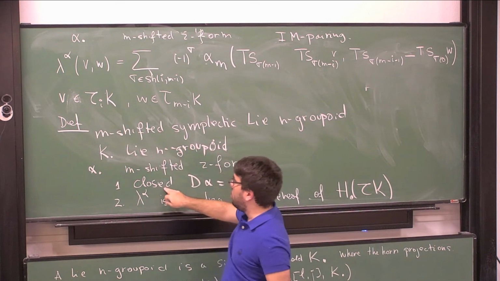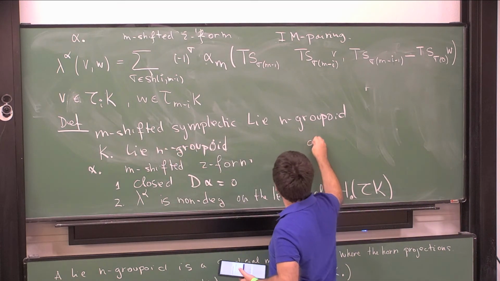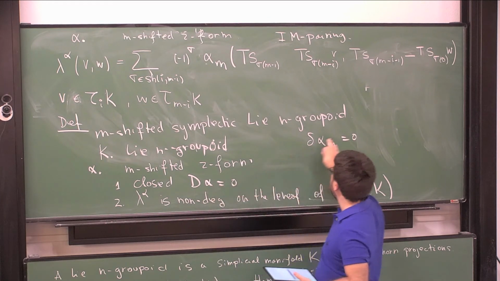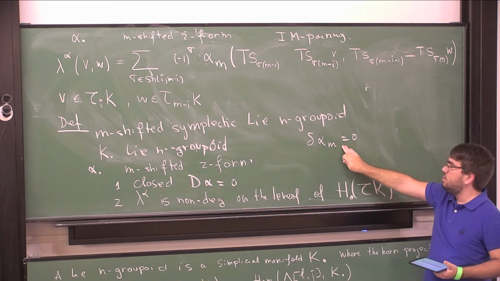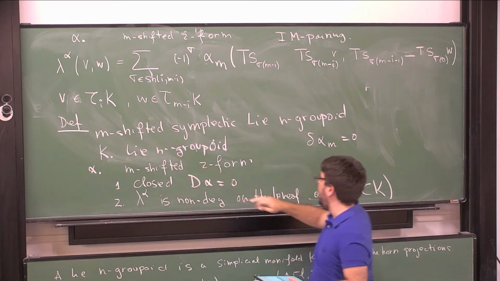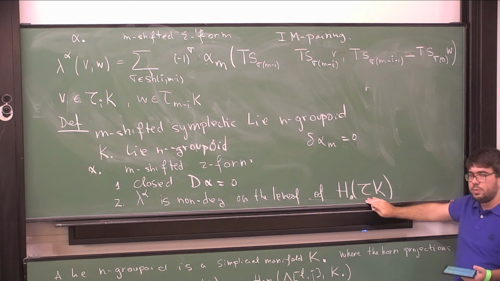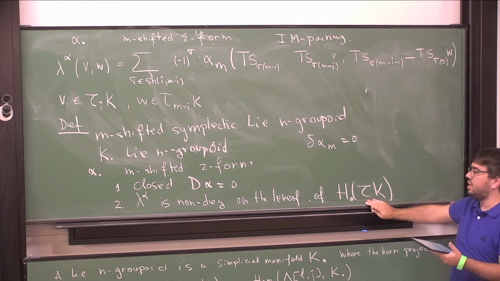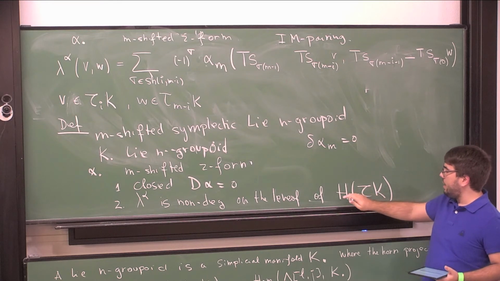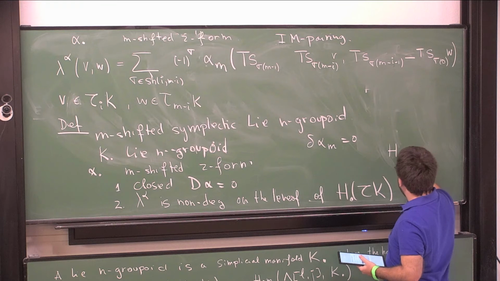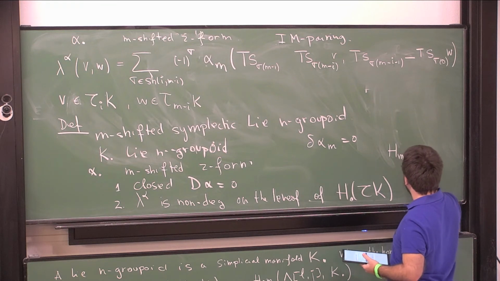The fact that it is closed, so in fact I just need that delta alpha m is equal to 0, and the fact that it is closed guarantees me this condition. This condition already implies that the lambda m descends to a pairing on the level of the homology groups. And what I'm already demanding is that at each point of K0, the vector spaces at that point of H m minus i and Hi are isomorphic.